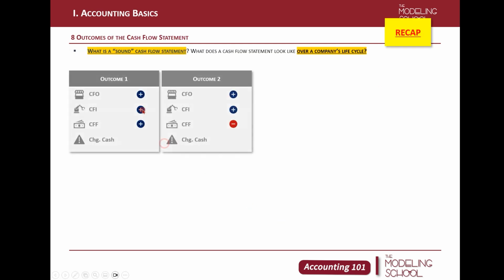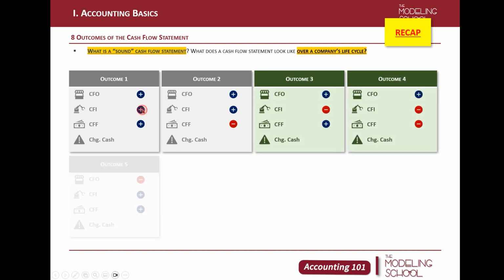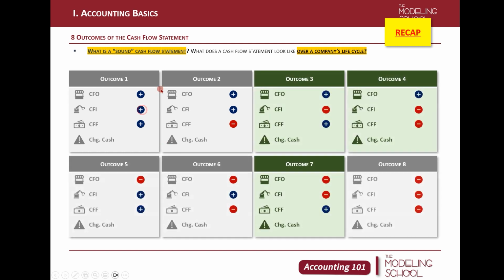This is what's been showing on the cash flow statement as well. So the three major activities of a company, as we discussed before: operating activities, investing activities, and financing activities. As a result of the operating activities, you can choose to either reinvest or reimburse your lenders.